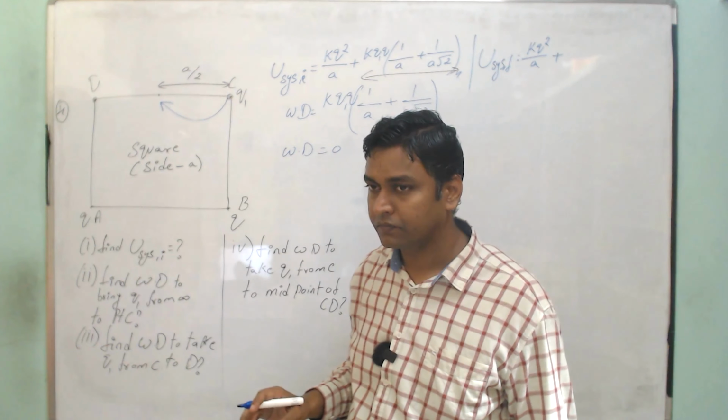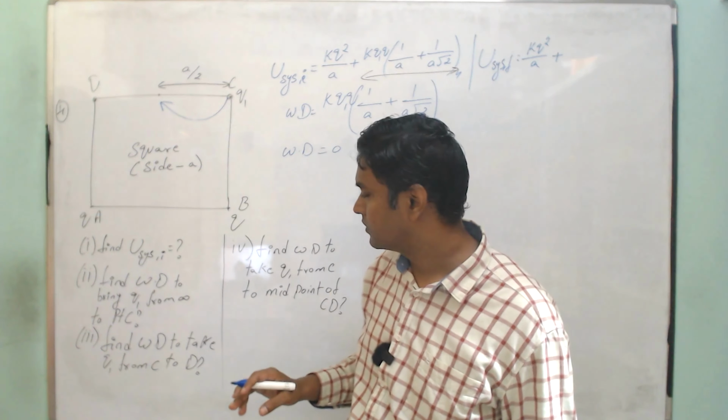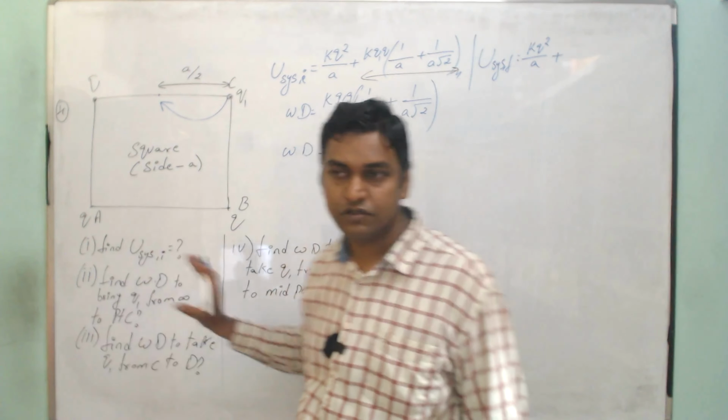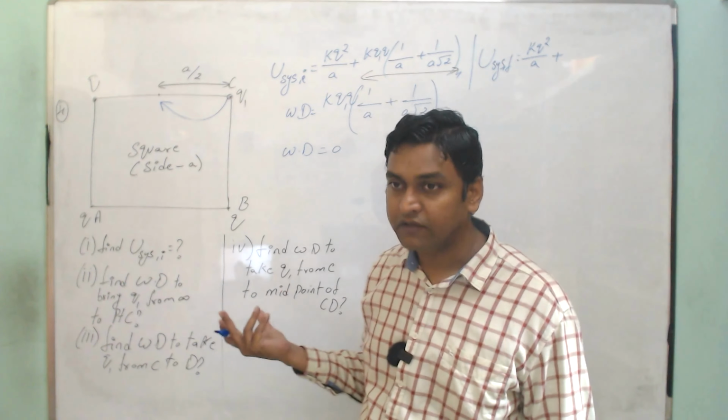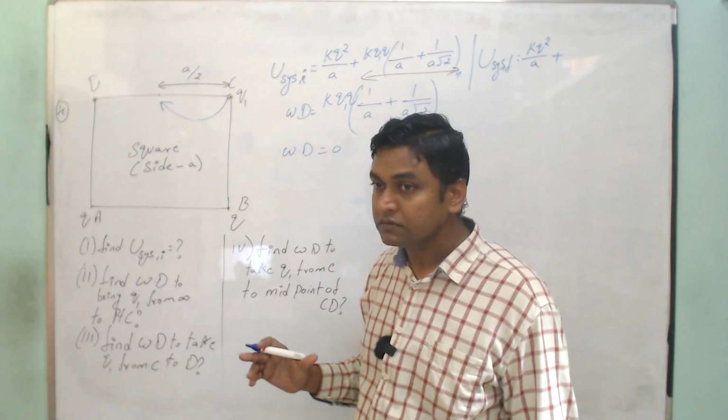Initially the work done was KQ1Q times (1 by A plus 1 by A root 2). We have nothing to do with the previous stories. Why will we have anything to do with them?